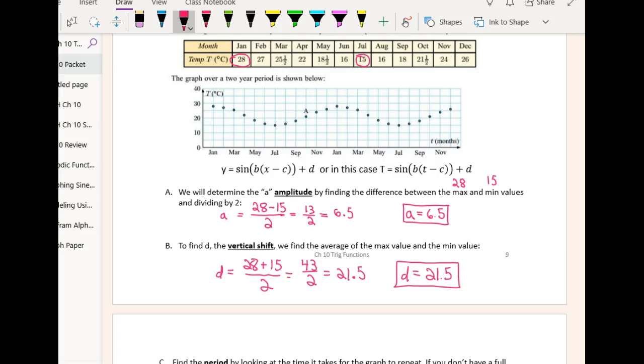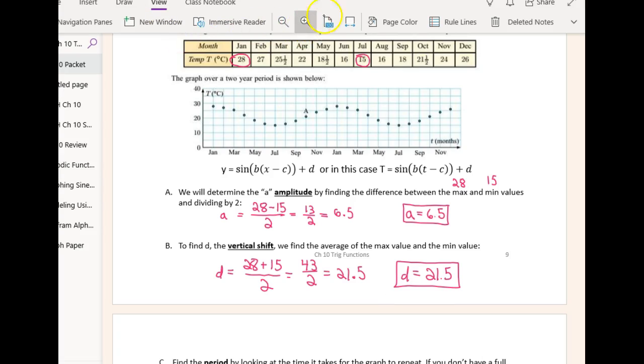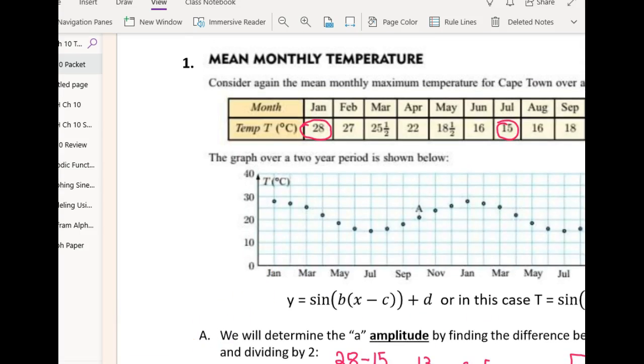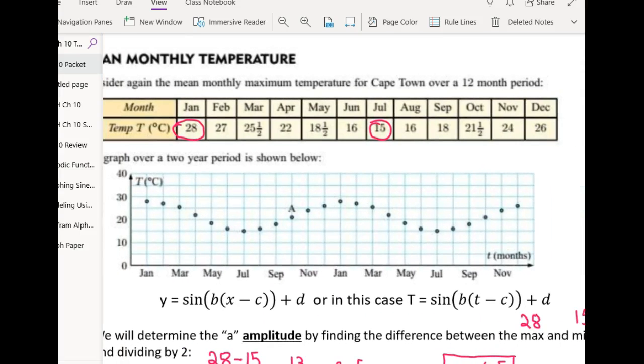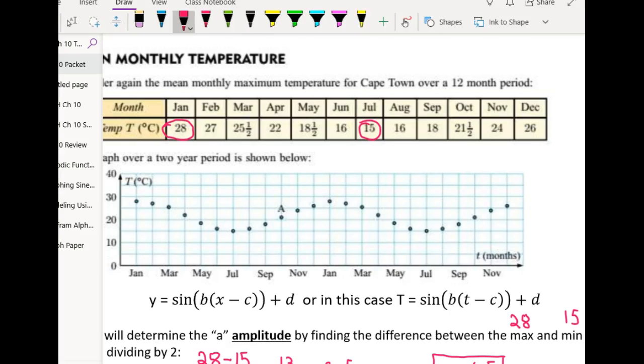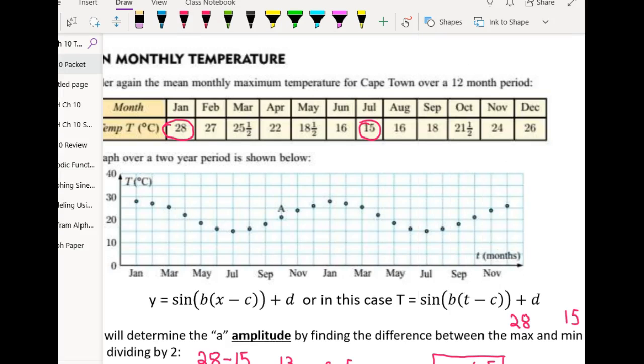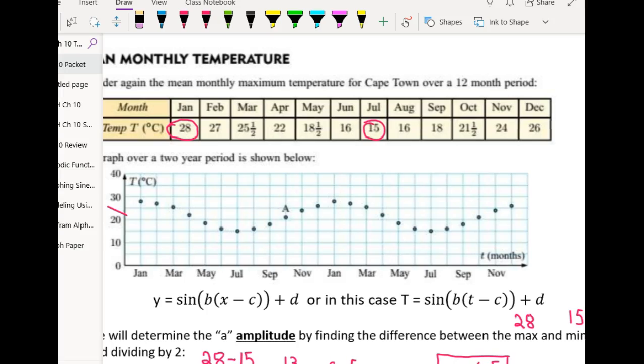So our midline up here is about 21 and a half. That's about 25, so we'll just estimate where our midline is. I'm going to guess something along those lines.